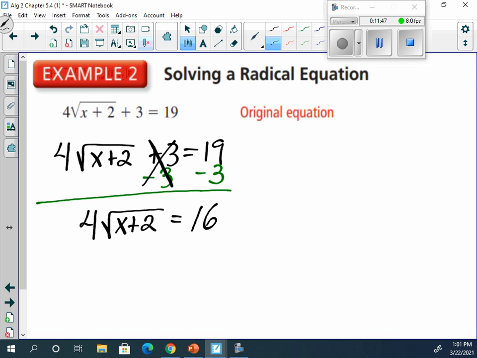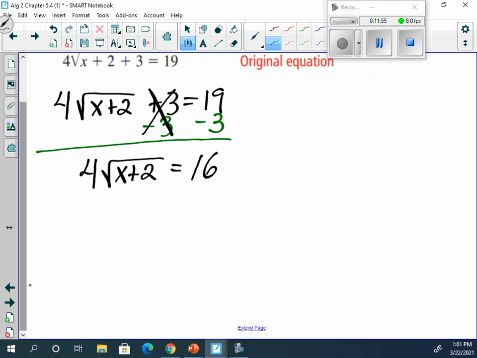So again, the first thing we need to do in solving these radical equations is to get the radical by itself, get the square root by itself. So we can subtract 3 from both sides, and we get 4 times the square root of x plus 2 equals 16. What can we do next? Divide by 4.